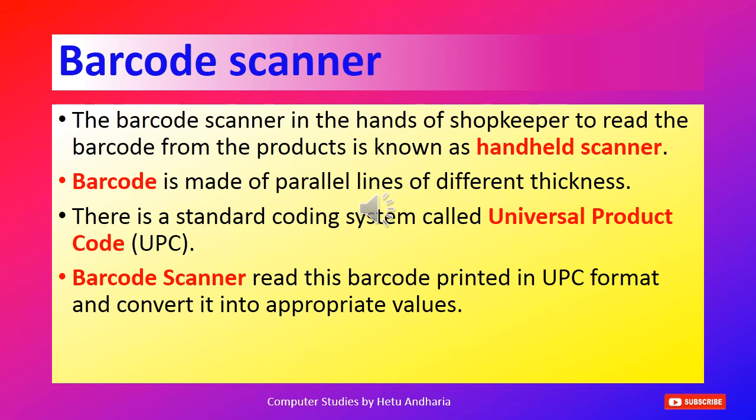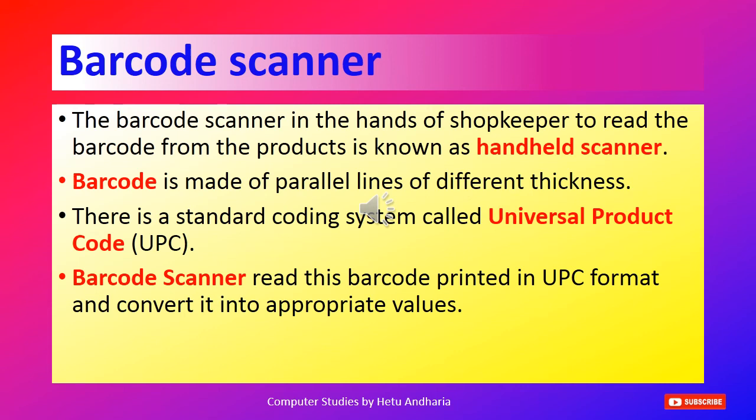This way, it reduces the effort of preparing the bill whenever we purchase any product. Otherwise, the shopkeeper would have to prepare the bill manually. Another benefit is that the shopkeeper's stock also gets updated. For example, if he sells 5 packets of biscuits, the bill for 5 packets will be prepared, and at the same time, from his stock of, for example, 100 packets, that many packets will get subtracted.